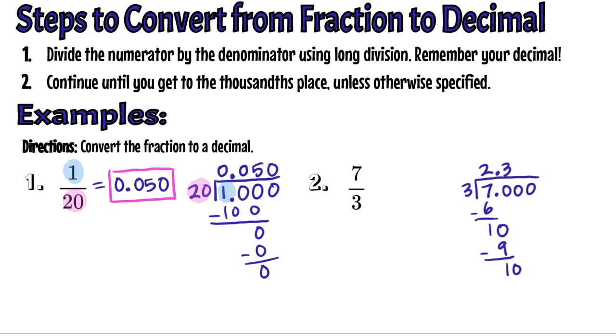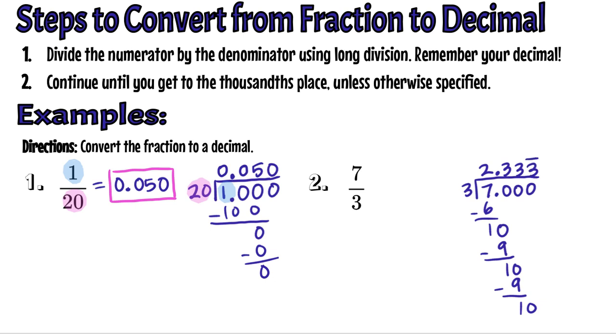And we see that this is probably going to be a repeating decimal, but we are going to go to the thousandths place. So 3 goes into 10, again, 3 times. 3 times 3 is 9. We get a remainder of 1. Bring down the last 0, and 3 goes into 10 how many times? 3.